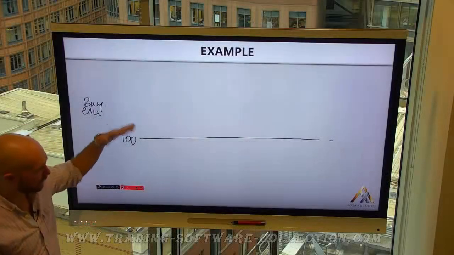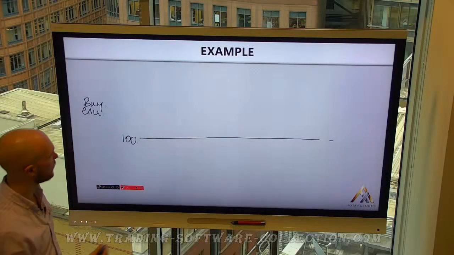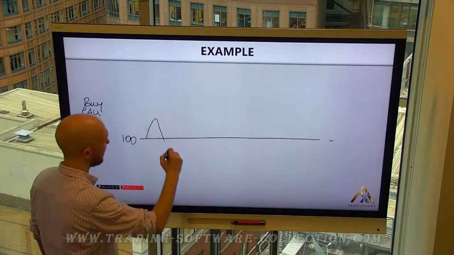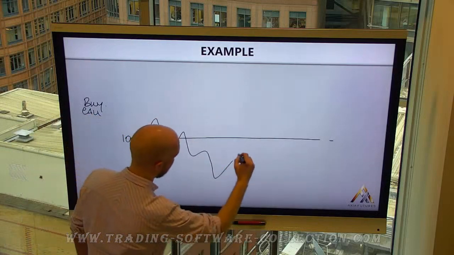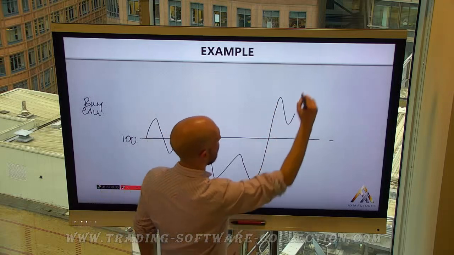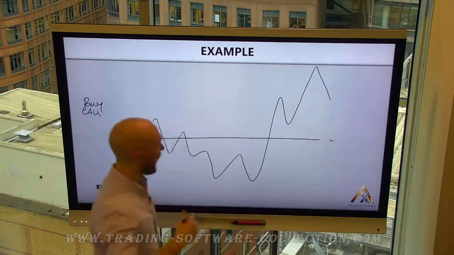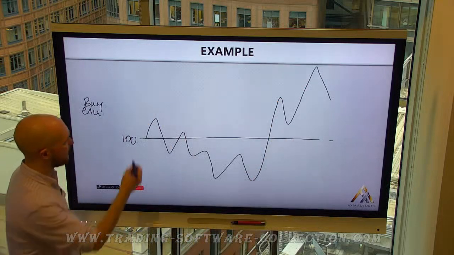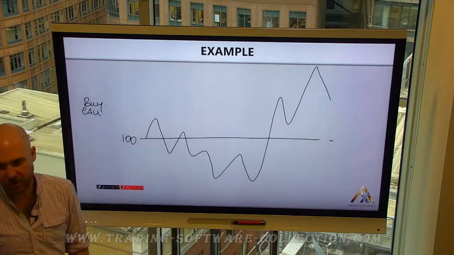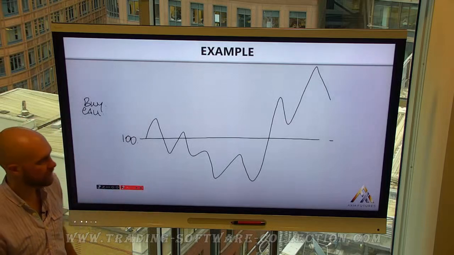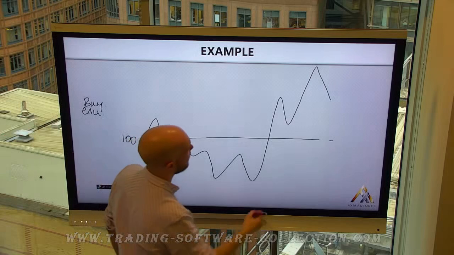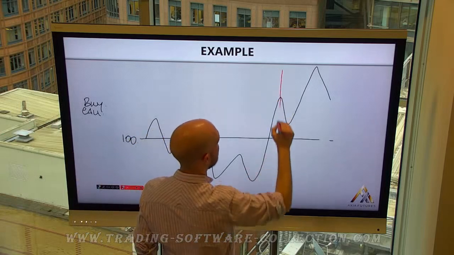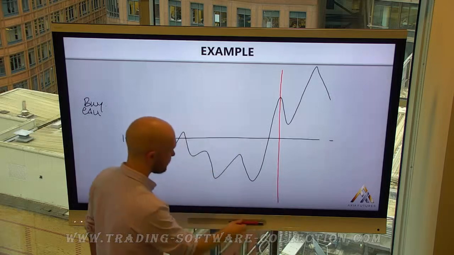So we're looking at someone who's a buyer of a call at 100. We're going to say this is what happens. And what you're essentially looking at is when the option would be cheap, when it wouldn't be. So we're going to say that this is the expiry date of the option.